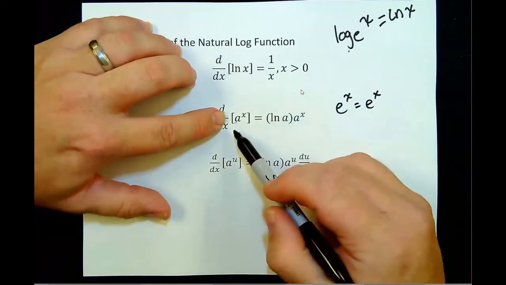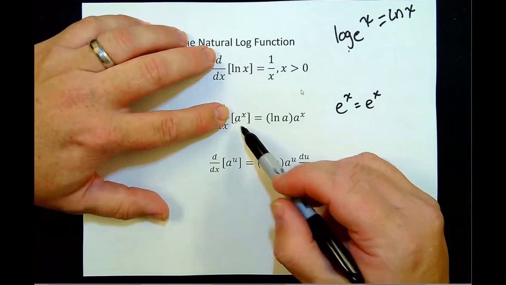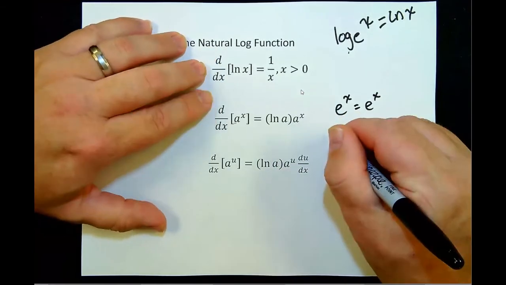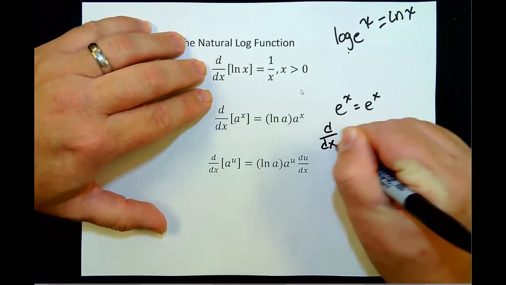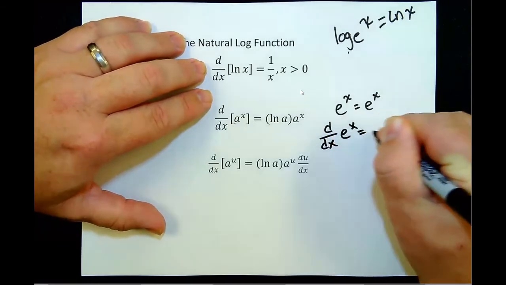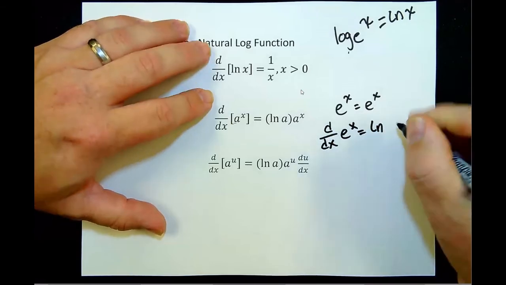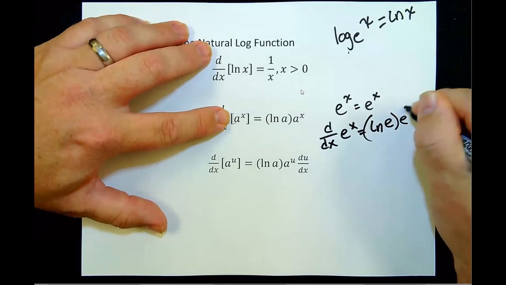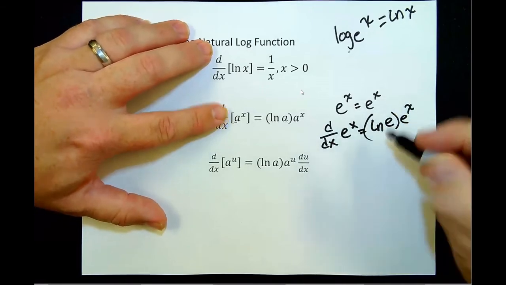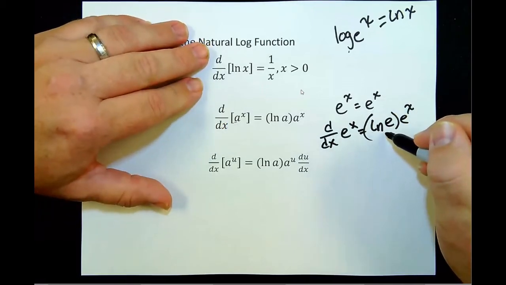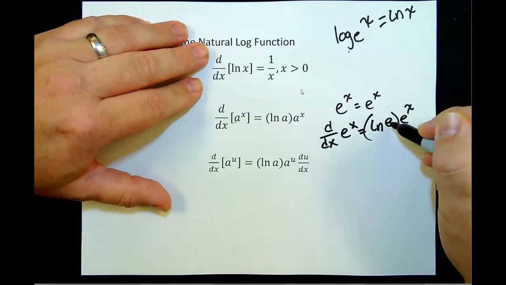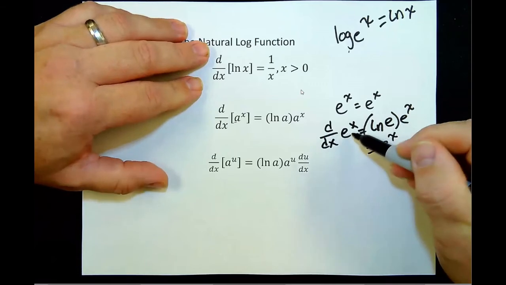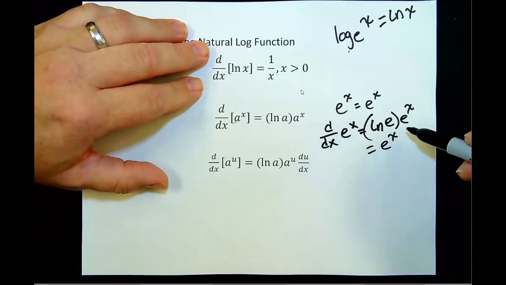Well, if I replace a with e, then the derivative of e to the x would be equal to the natural log of e times e to the x. Going back to our log rules, if the base and this number match, this is just equal to 1. So that's why the derivative of e to the x is e to the x.